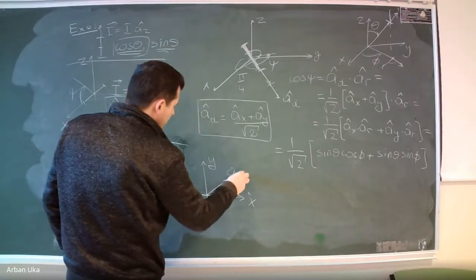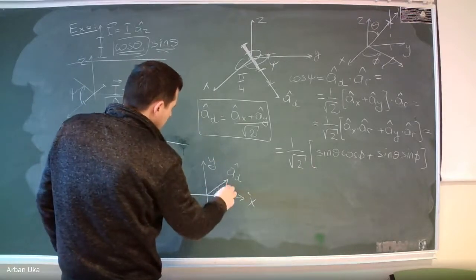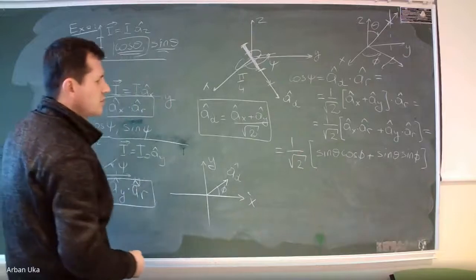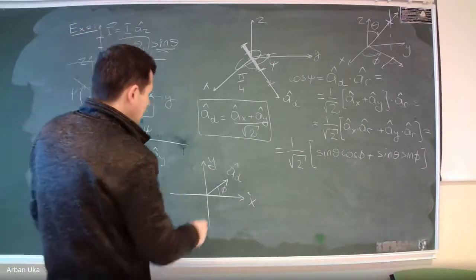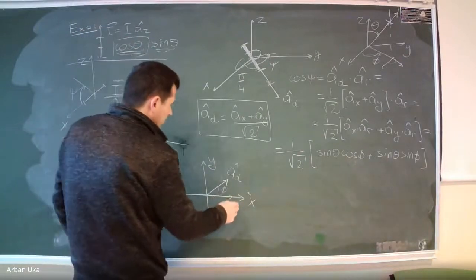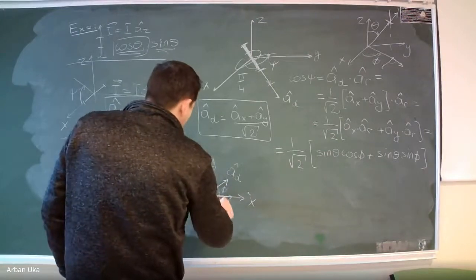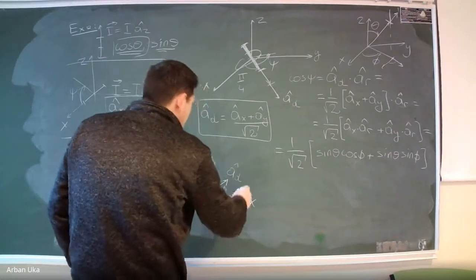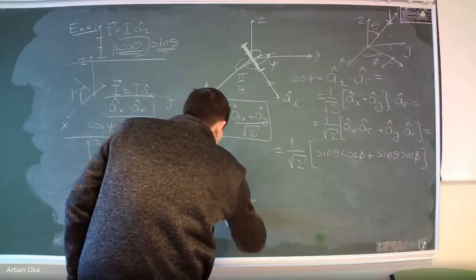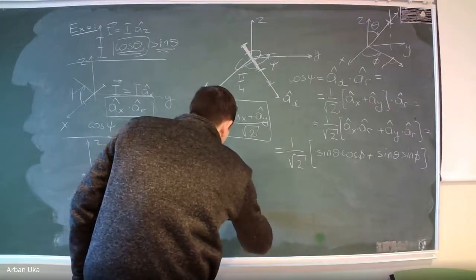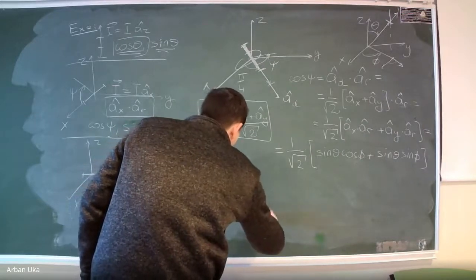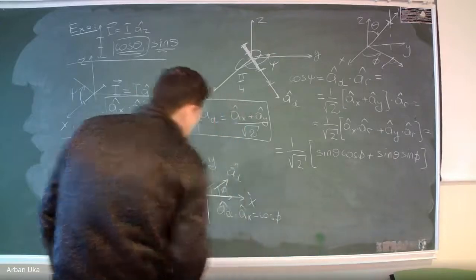Let's call this one AD in this case. This was angle phi, as we denoted it. To find the dot product with AX, we have AD dot AX equal to cosine phi, right?